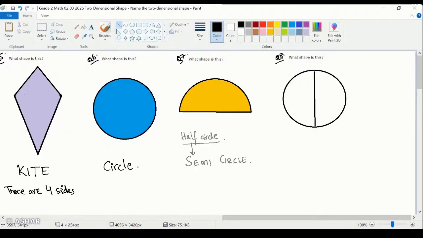No, we will not call it half. We will call it semicircle. It is a half circle, but the correct word to be used is semicircle. So whenever you see a half circle, you will say it's a semicircle.